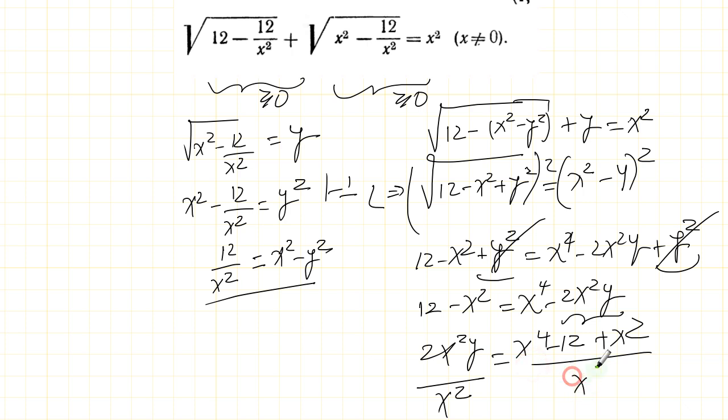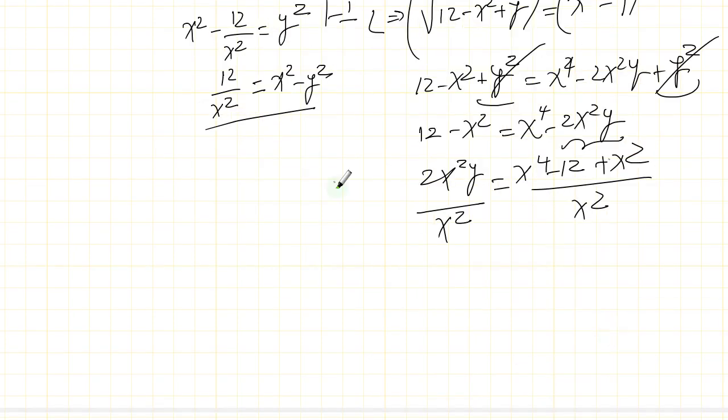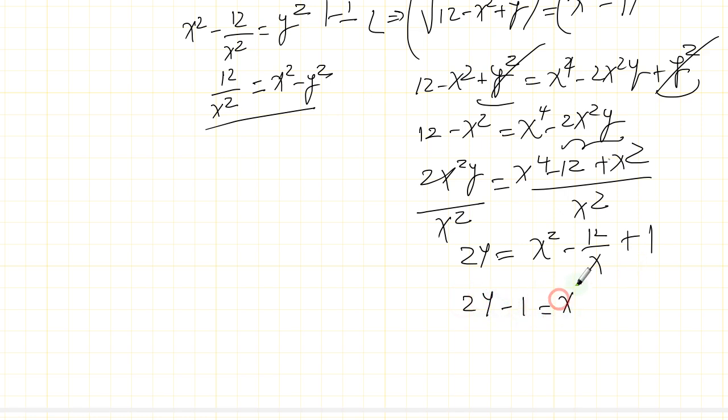Then I'm going to have 2y equals x squared minus 12 over x squared plus 1. So this is 2y minus 1 equals x squared minus 12 over x squared.